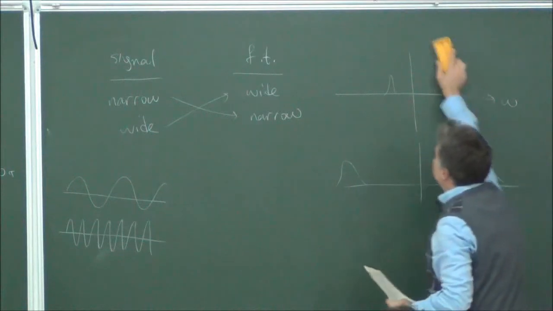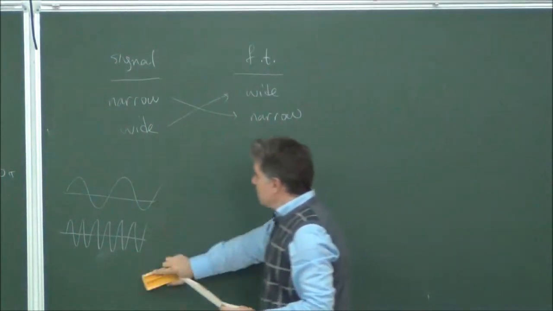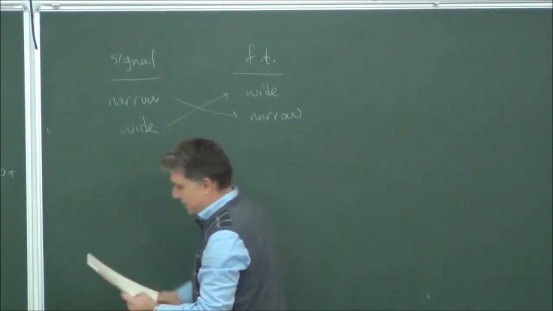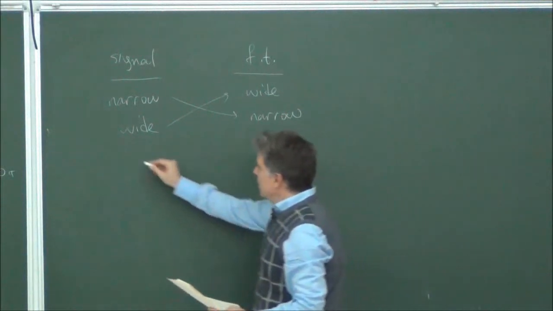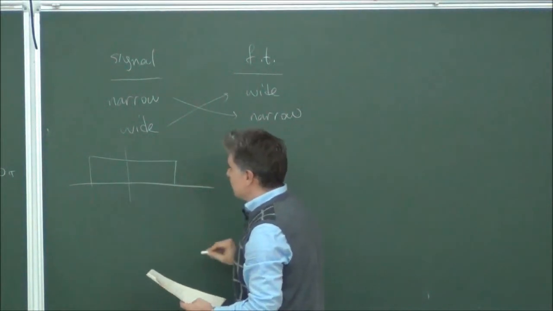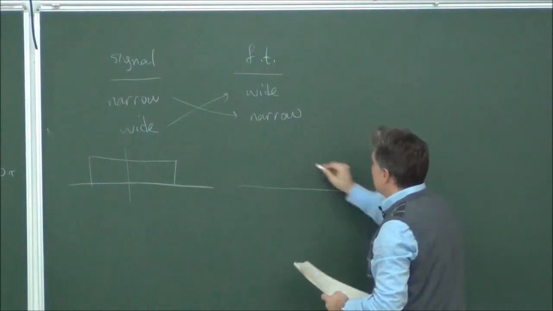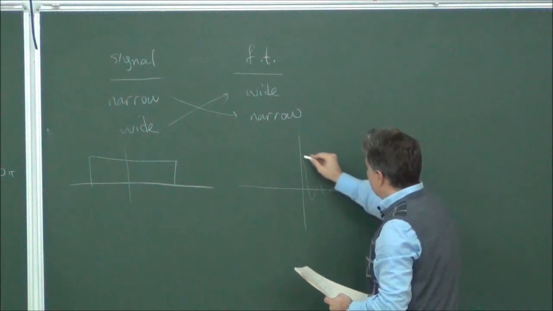In terms of a typical shape, let's consider those rectangular shapes. Of course, I'm not drawing anything accurately here. I'm just trying to illustrate. If it's a wide rectangle like this, then the Fourier transform will be a narrow sinc.